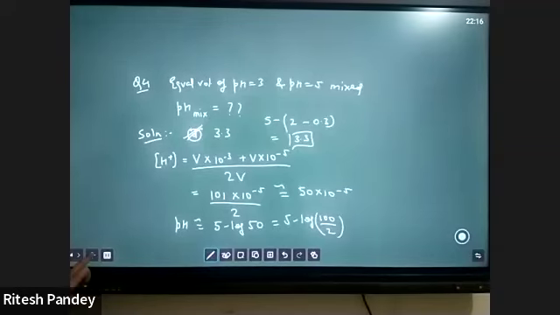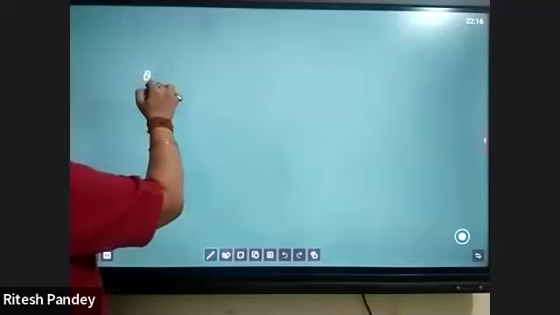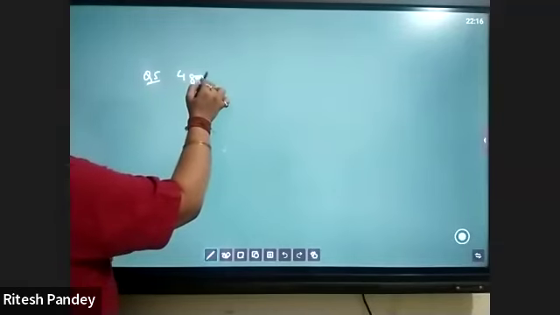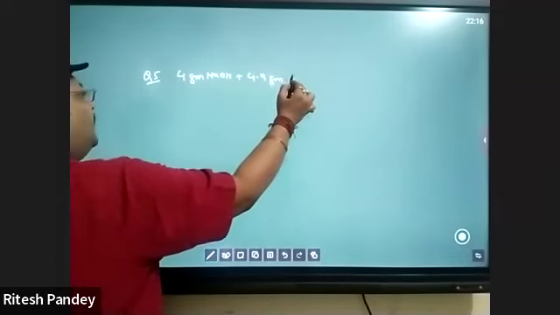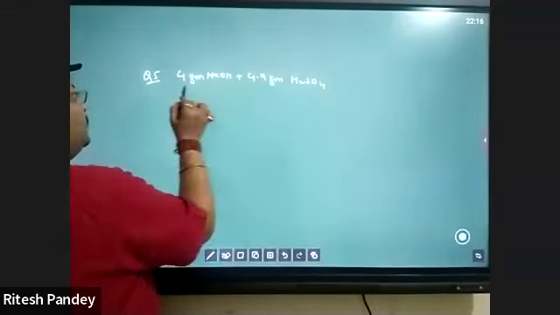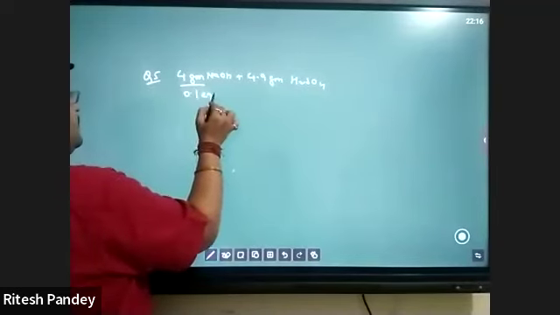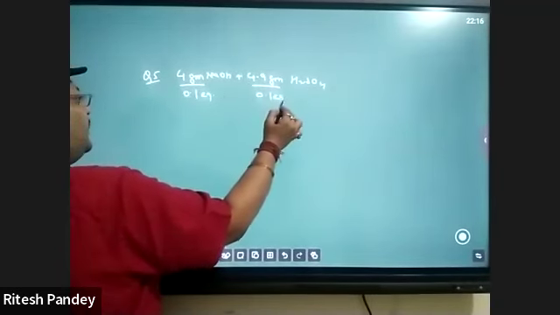Naturally, the moment you see 4 gram NaOH plus 4.9 gram of H2SO4, this is like 0.1 equivalent and this is also 0.1 equivalent.